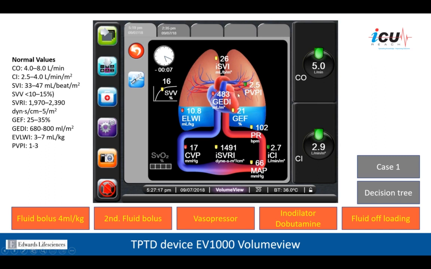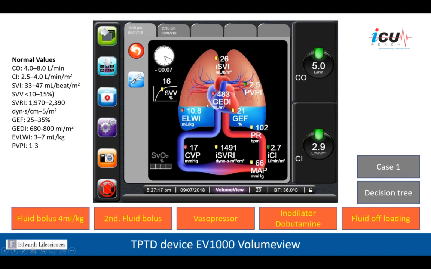The last thing that I would look at is the permeability index, which is 2.5, indicating that we're not actually seeing ARDS here, even with a slight increase in the extravascular lung water index. So here we have 5 different parameters, and we can clearly say that this patient certainly does not need fluid off.